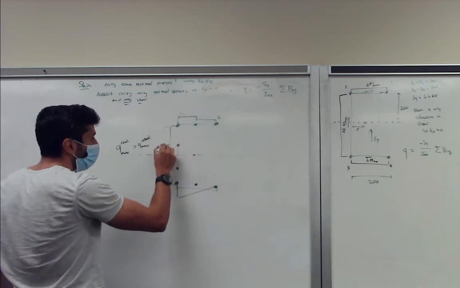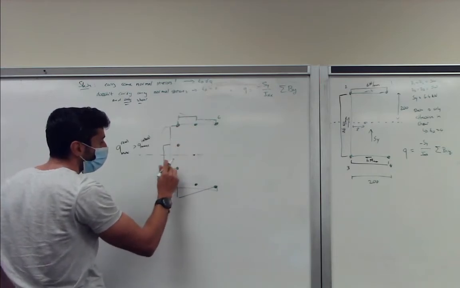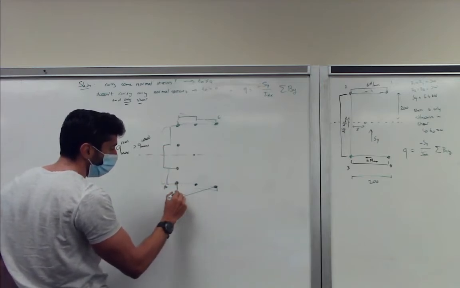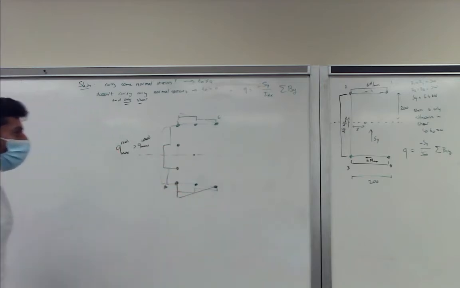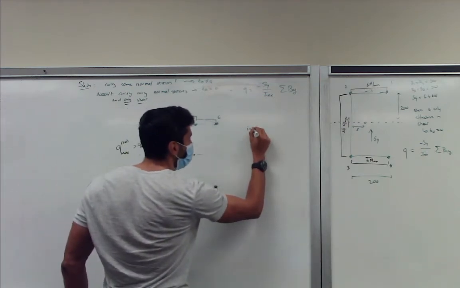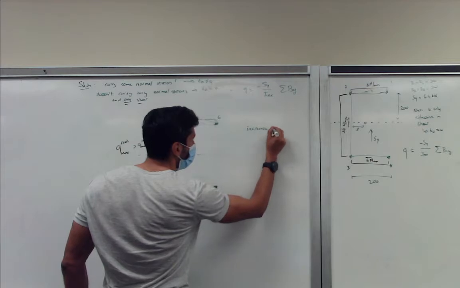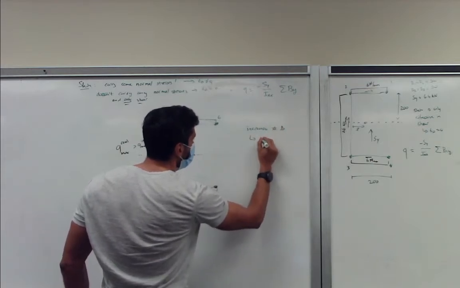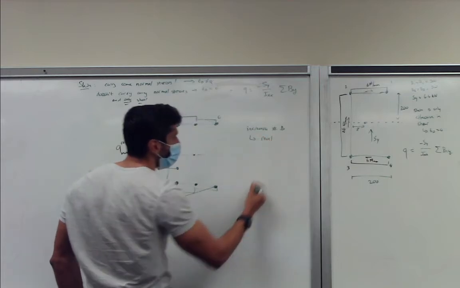Similarly, here we will add another step to it, and here of course it will decrease. And you can see if we increase the number of booms, we'll go to the real structure.